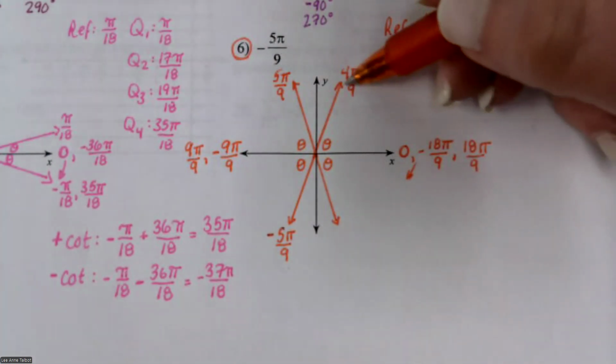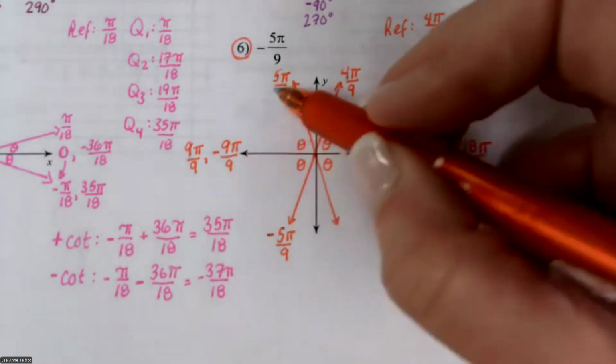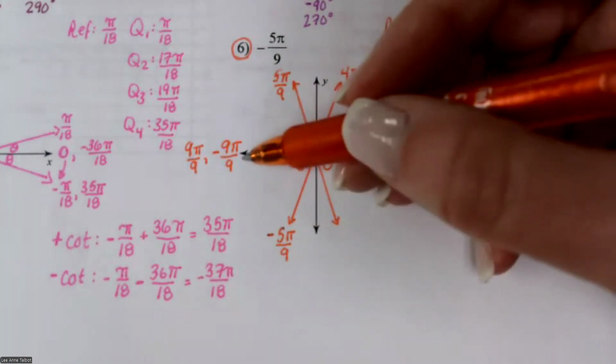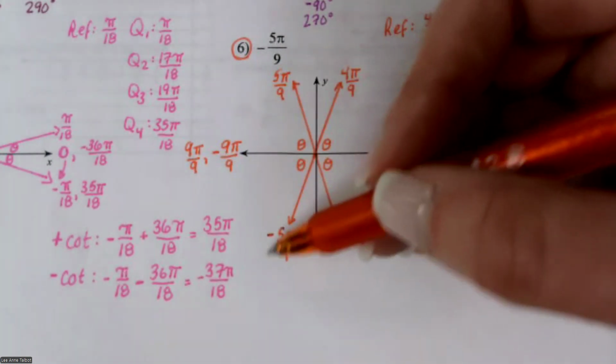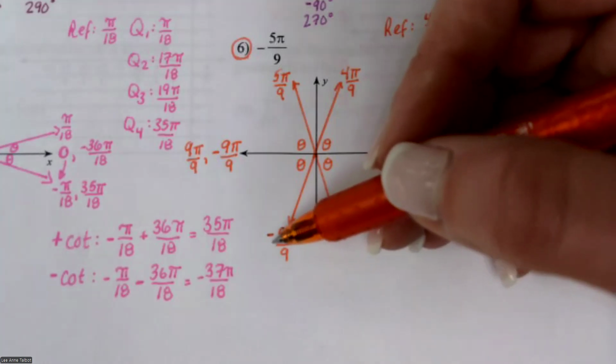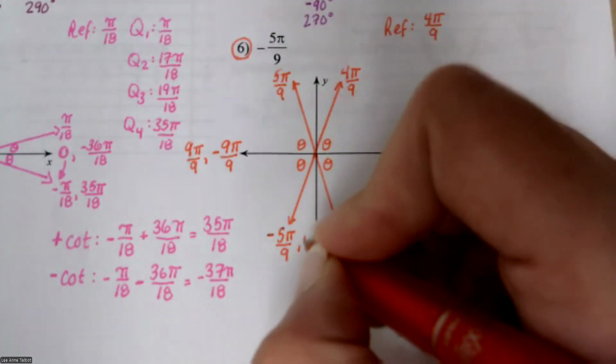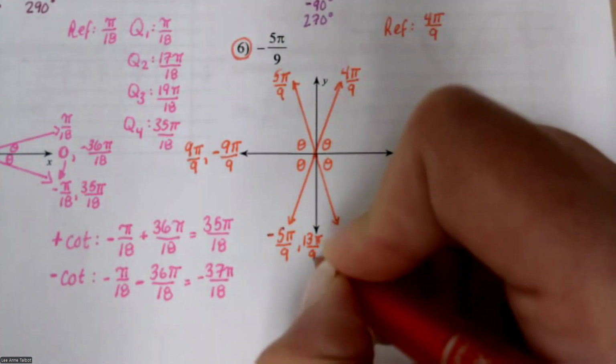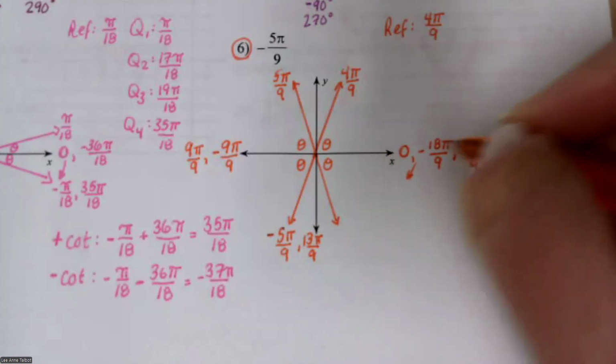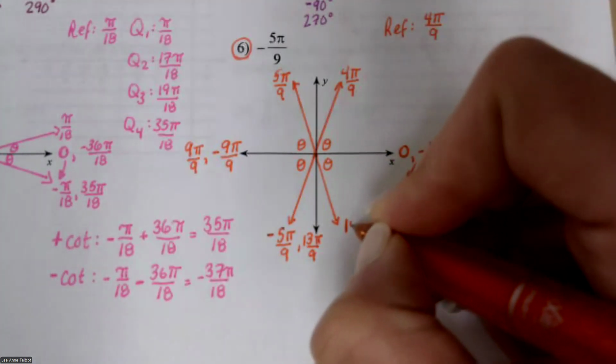So this is 4. So this is 4. So this is 4. What's 9 plus 4? 13? And 18 minus 4 is 14.